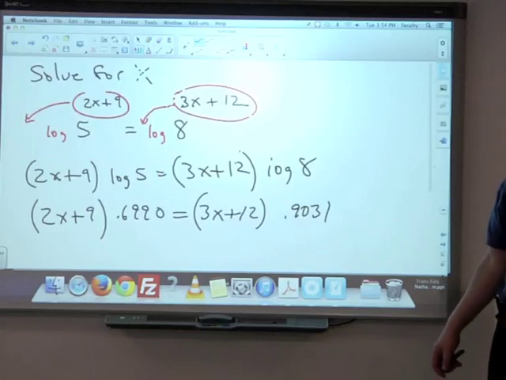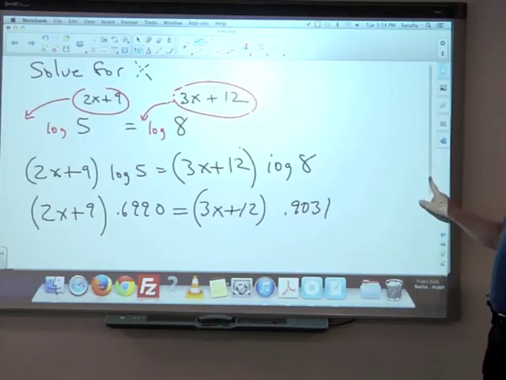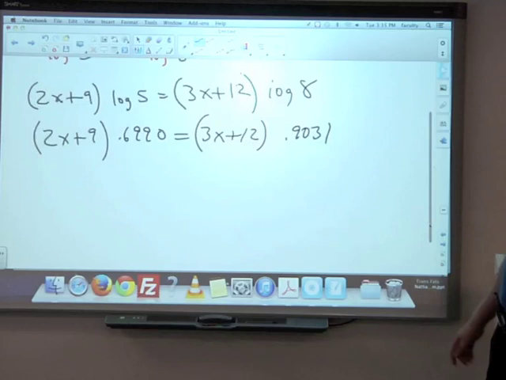Well, now this is just basic algebra solving for x. So the next thing I want to do is, well, let's take care of our distributive property. Do it that way.